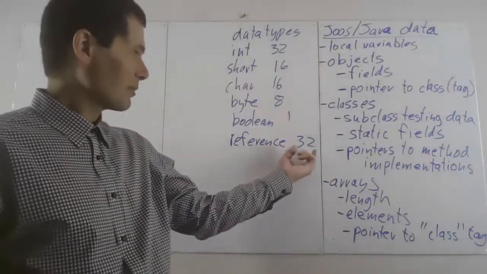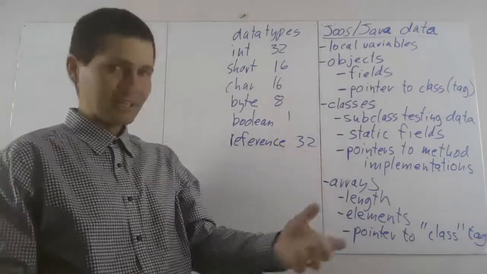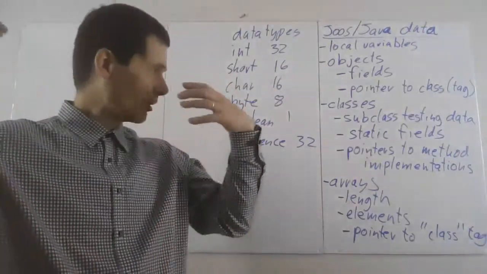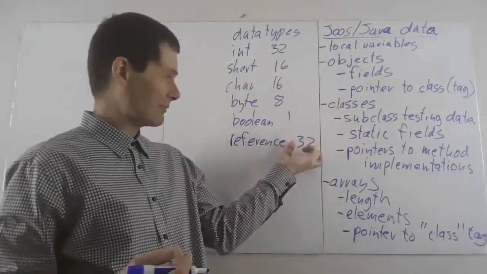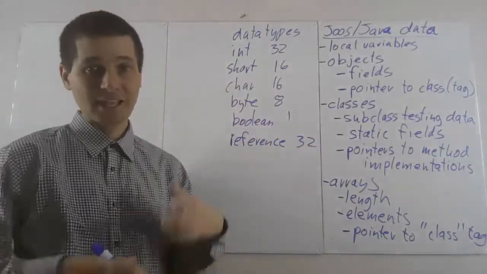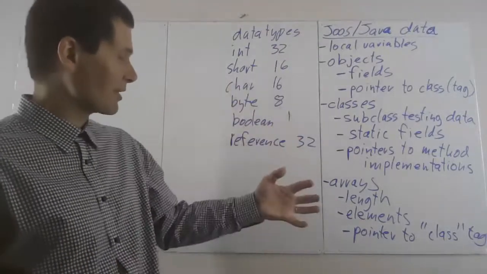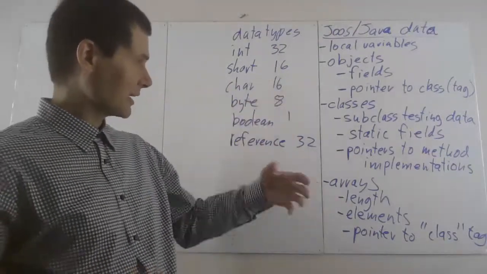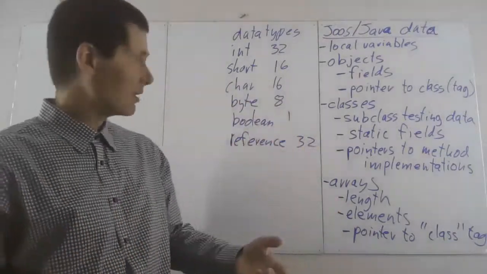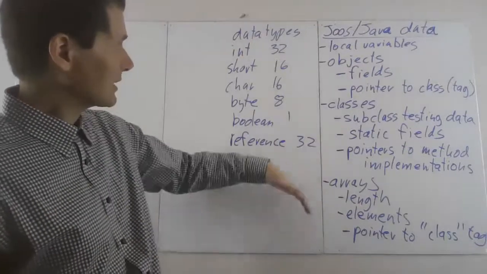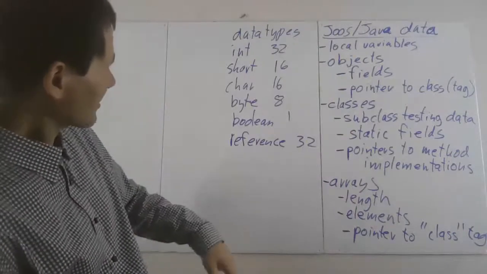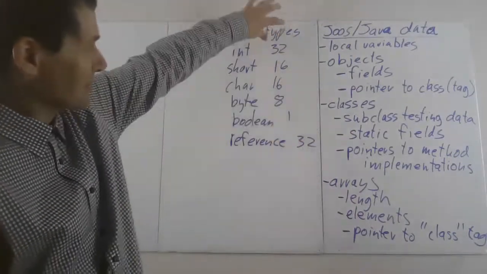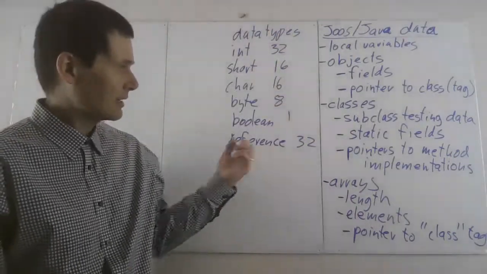So what you need to put in, say, a local variable or in a field is just a reference, and that's always a fixed size of 32 bits. That actually makes compiling Java much easier than other languages like C, where every struct would be a different size. But we still have a bunch of different sizes here, right?